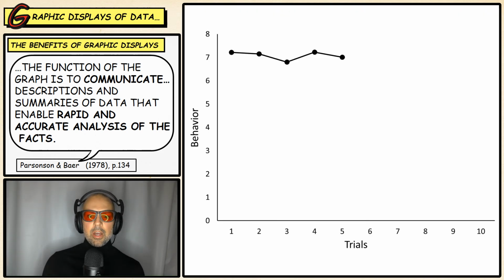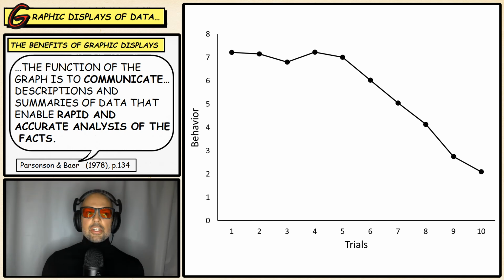The final benefit of graphical displays of data is that they facilitate communication of behavior change among a wide variety of people. Graphs help everybody to understand behavior change, not just scientists, not just trained applied behavior analysts.